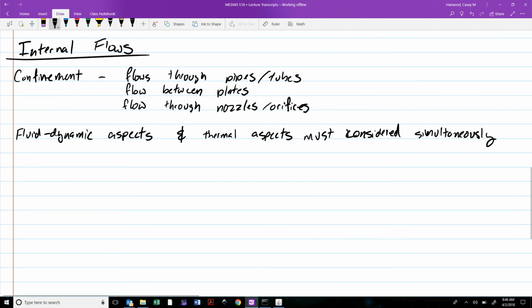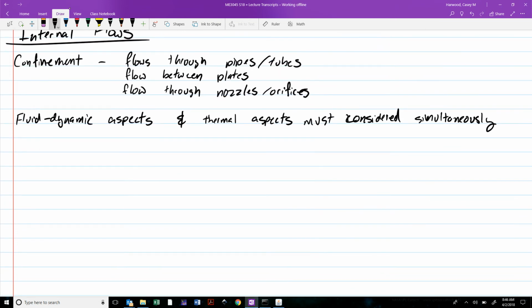So what we're going to do is spend today focusing on the flow through a circular pipe. This is a scenario that's familiar to us from fluids, but it bears revisiting. So, flow through a circular pipe.